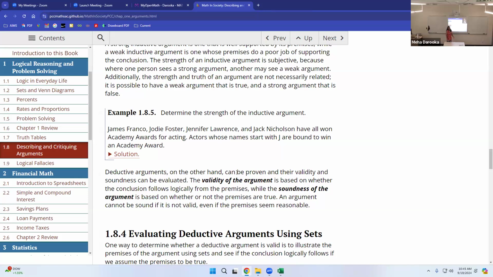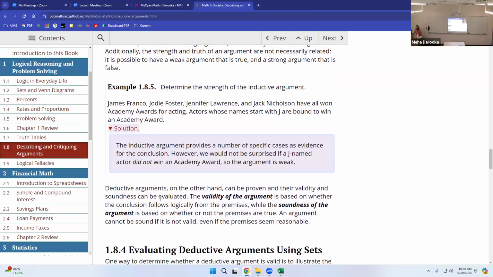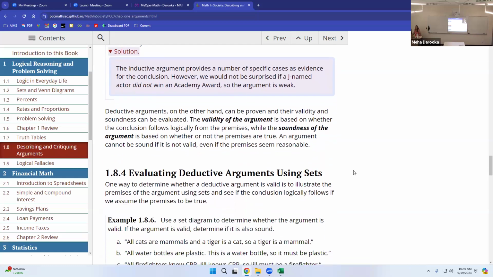So we could kind of say, be nice if everybody who had a name starting with J won an Academy Award, but we know that's not true. So yeah, obviously this is inductive because we're going from a specific case to a generalization. And like we said, many J-named actors have not won an Academy Award, so the argument there was pretty weak.